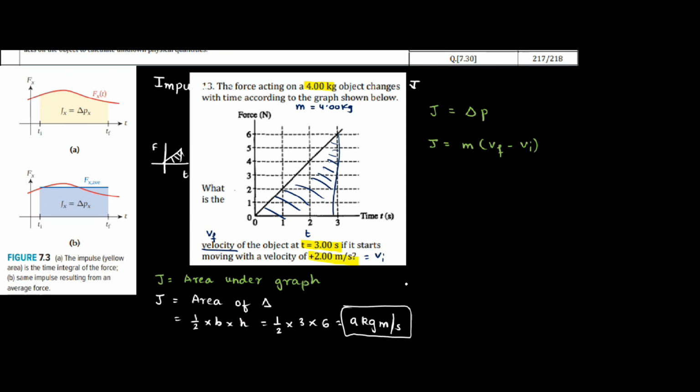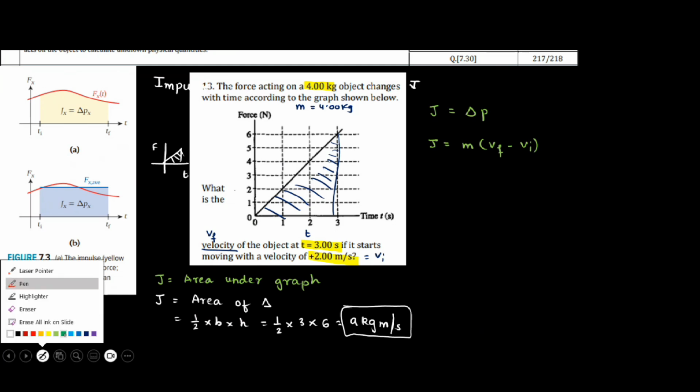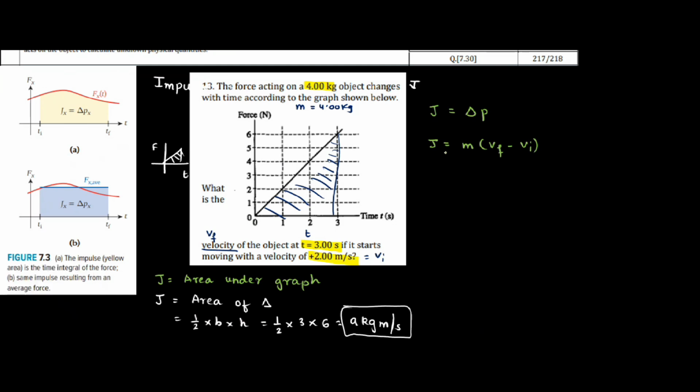Now I can use this impulse in the main rule that I got here. We need to find v final, so we rearrange this term. First, I will divide by m: J over m equals v final minus v initial.